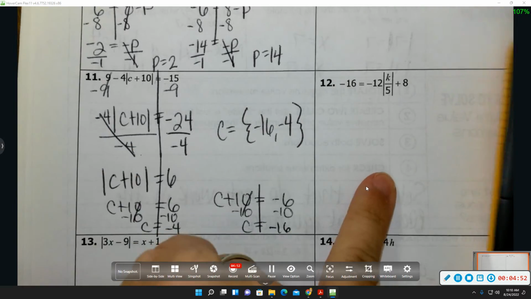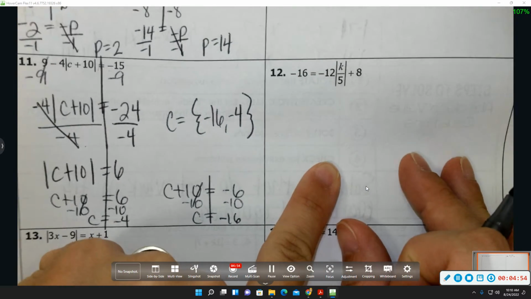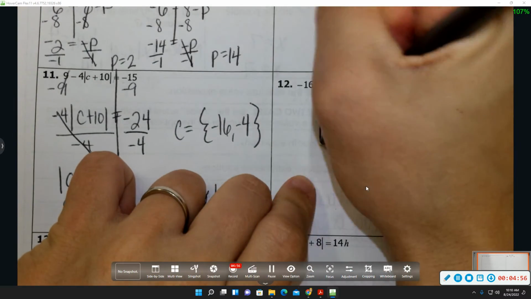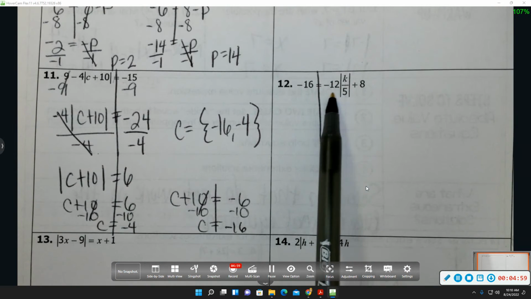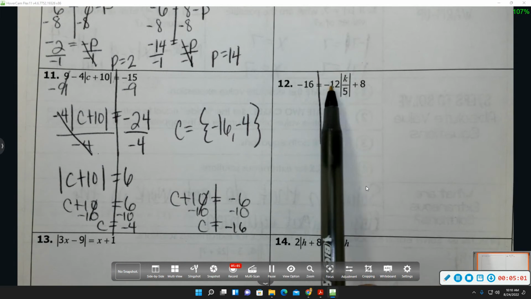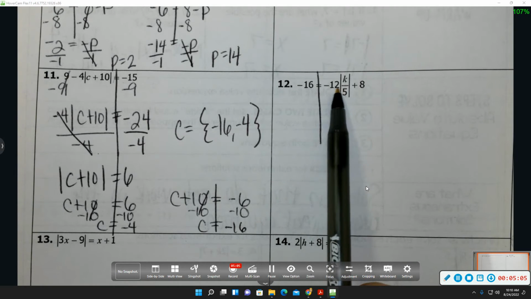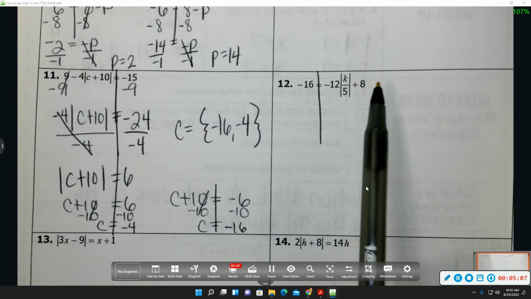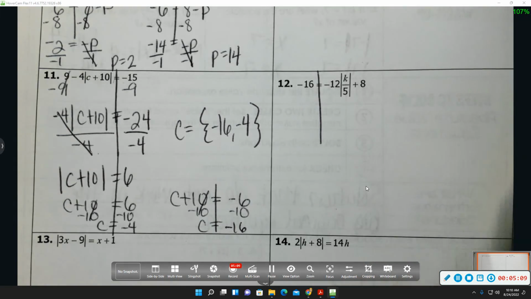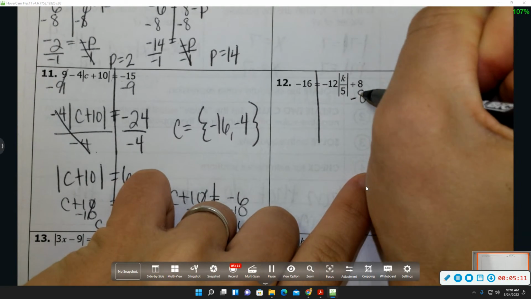So if you look at number 12, you have the absolute value on the right side. The negative 12 up next to the absolute value indicates multiplication, and then you have a plus 8. So you want to undo the plus before the multiplication. So undo plus, you subtract.